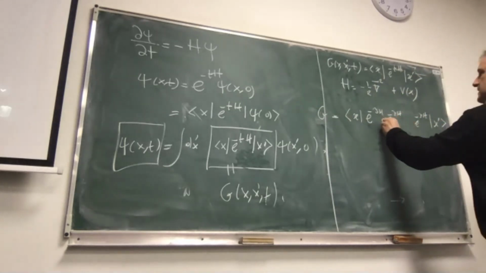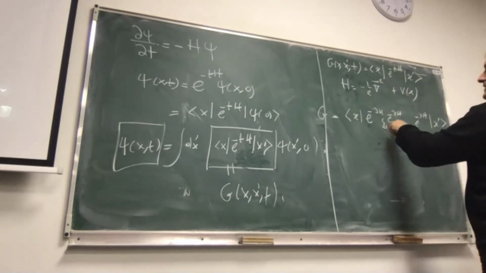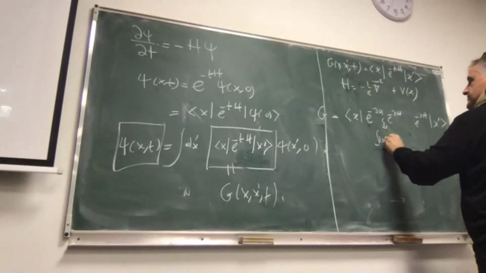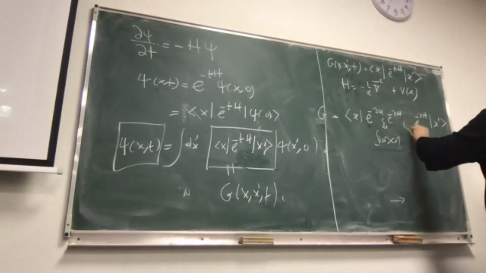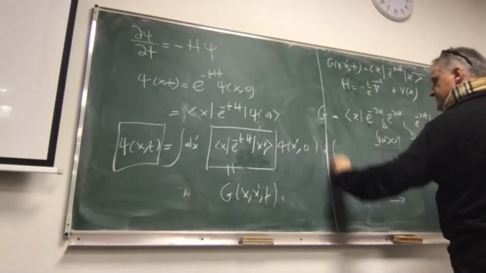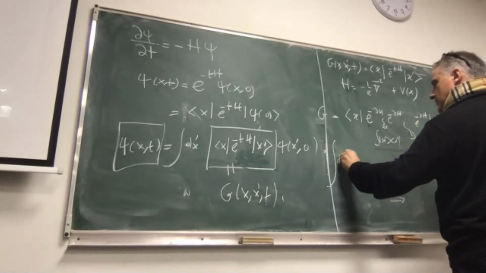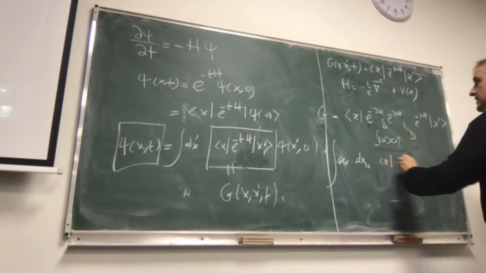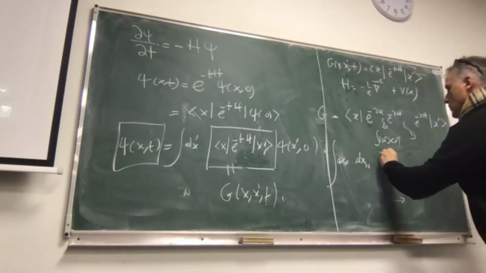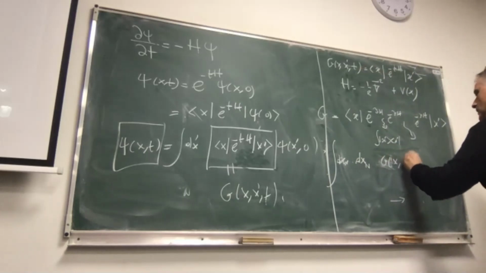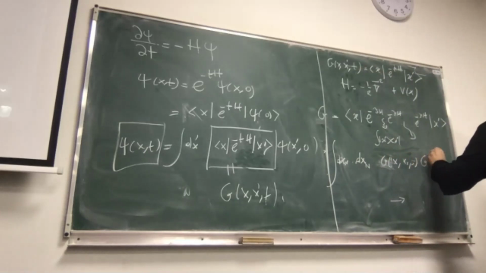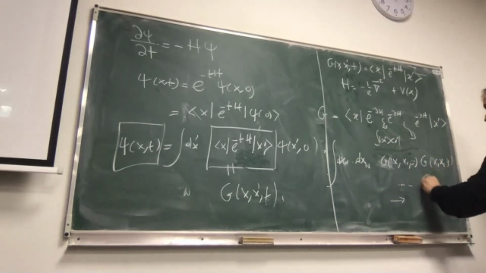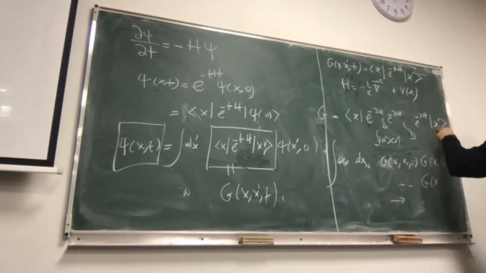And here you introduce some resolution of the identity operator, and this will be written as a big integral of G at a small time: G of x, x1, tau, times G of x1, x2, tau, up to the last.